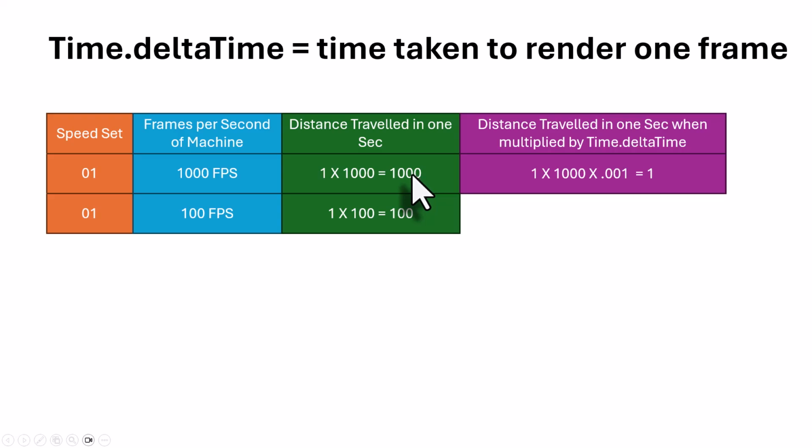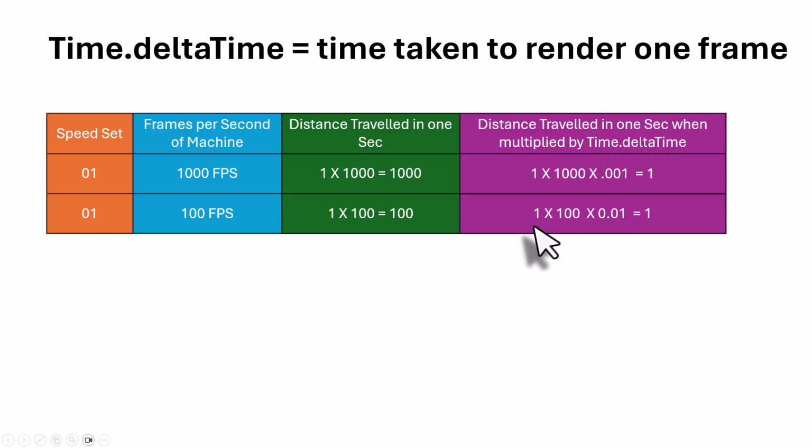On a high-end machine, it will be moving at 1000 meters per second, and on the low-end machine it will be running at 100 meters per second. And now in this case, if I multiply this value by Time.deltaTime, then you can see now 1 times 100, and in this case Time.deltaTime is equal to 0.01, and again the speed of my car will be 1 meter per second.